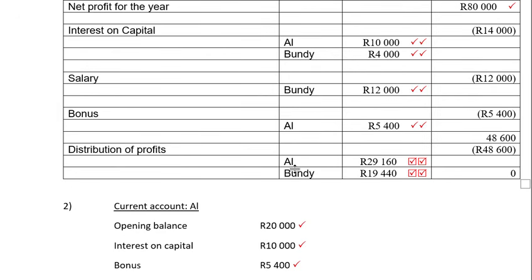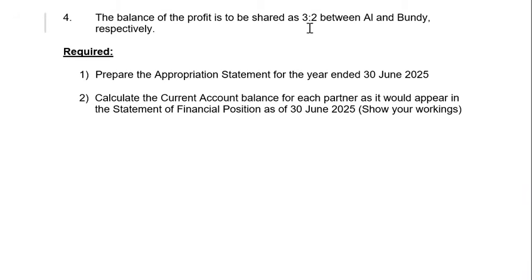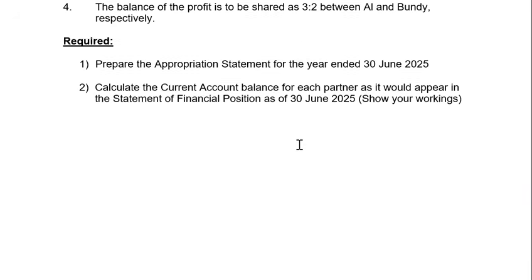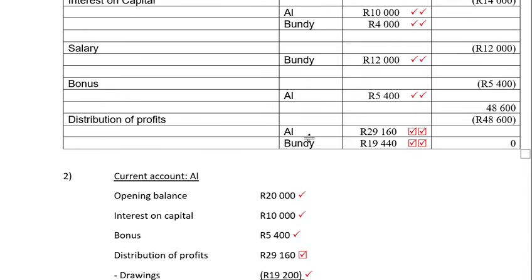And how it was distributed was, they said it was distributed 3:2. So L got 3/5, multiplied by 48,600, is 29,160.